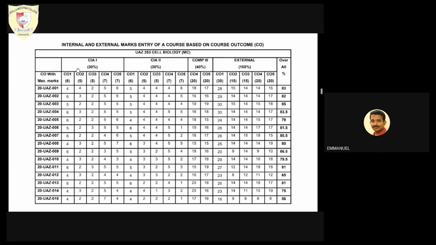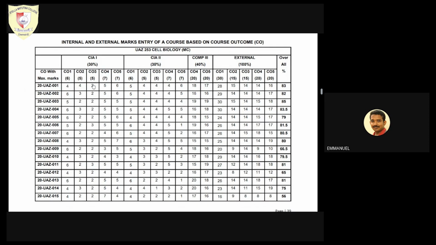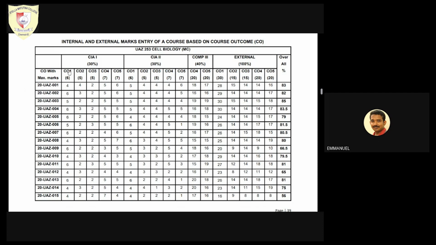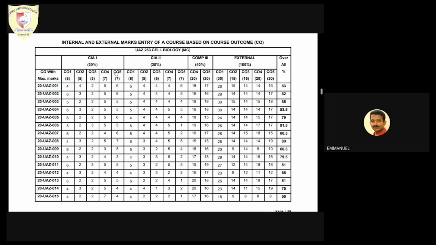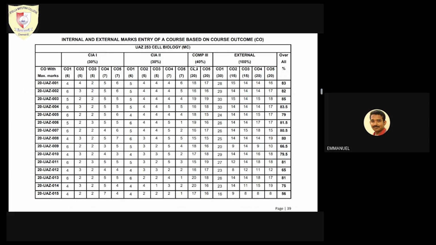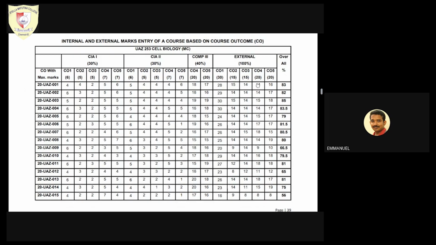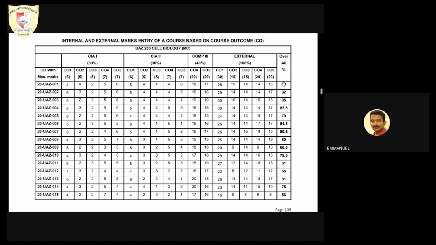So under each level for CA1, under CO1, CO2, CO3, CO5, that particular first candidate of the 20 batch undergraduate Advanced Zoology, zoology student 001, had scored this much for CA1 under these course outcome levels. Similarly, under CA2 he had scored this much, and for the external semester marks he had scored this much. Totally, he had scored 83. The split is there according to the CO levels.